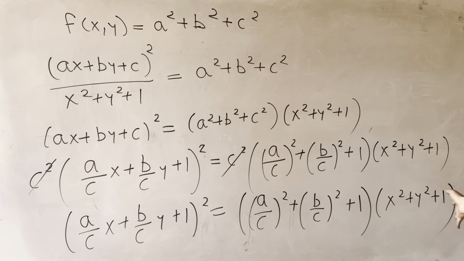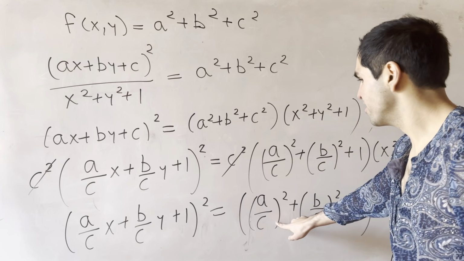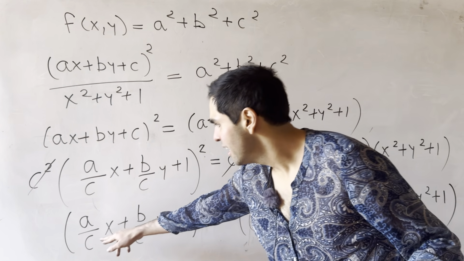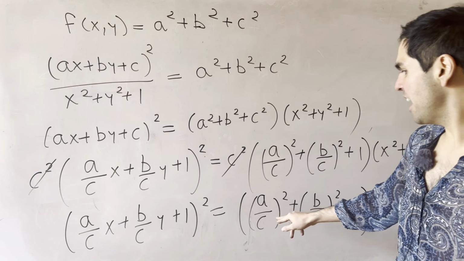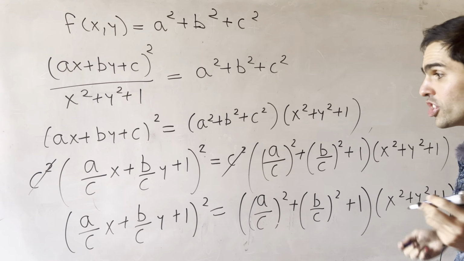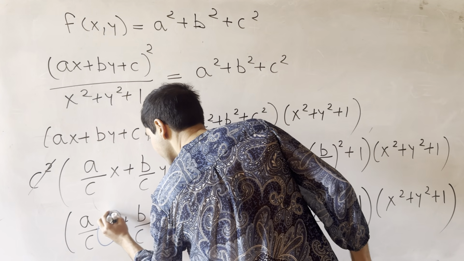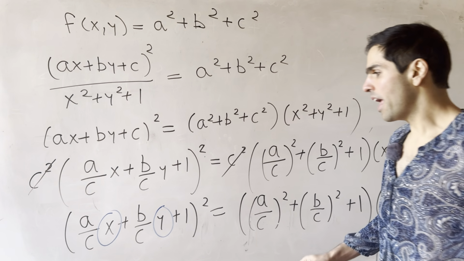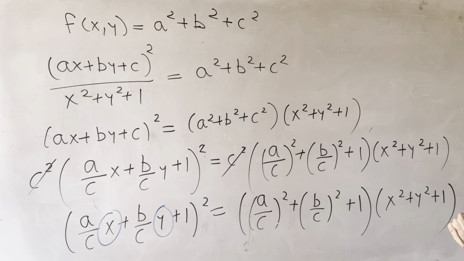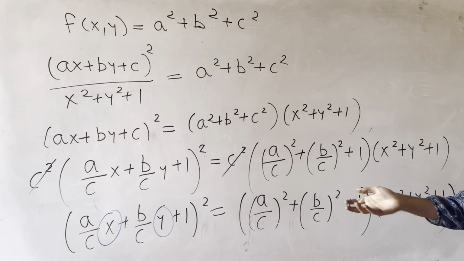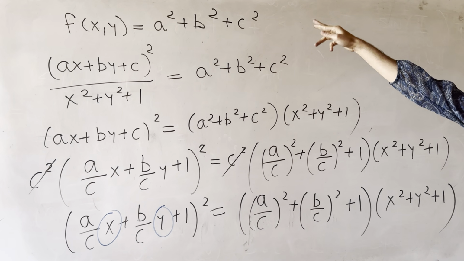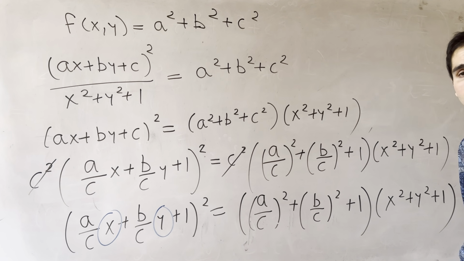Now, once again, it's not a proof, but it highly suggests, if you compare both sides, like (a/c)x and then (a/c)², to use x equals a/c and y equals b/c. So we just need to check those two values and see if f equals our number here.